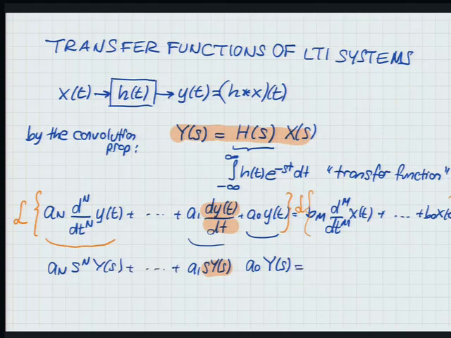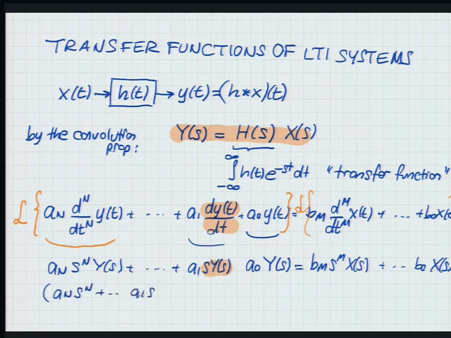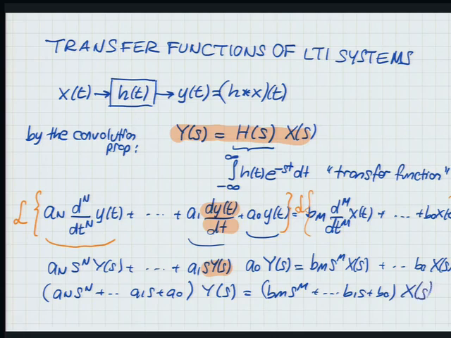Same thing for the right-hand side. I get bm s to the m x of s, up to b0 x of s, right? So I can factor out y. I get a polynomial multiplying y: an s to the n up to a1 s plus a0, times y of s, equals bm s to the m up to b1 s plus b0, times x of s, right?